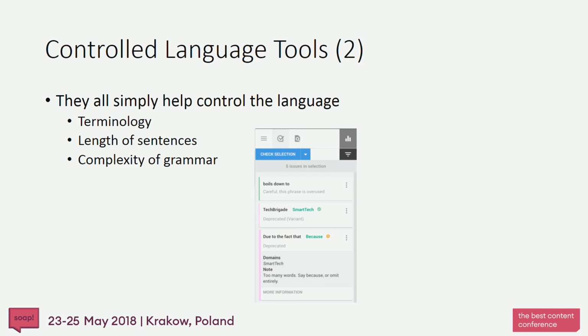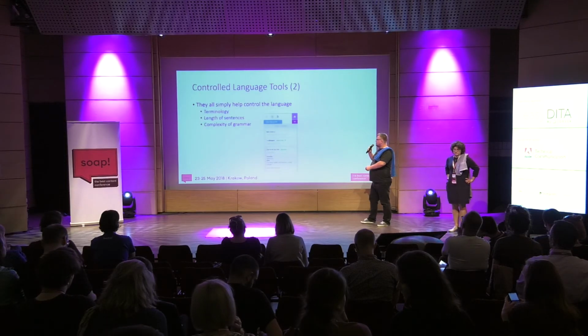It's absolutely fantastic. It is even able to spot the new terms, and you can create a workflow for approving these terms. And that's a screenshot from Acrolinx. You can see that you can have an overused phrase, a deprecated term that is not supposed to be here, a deprecated phrase, and so on.